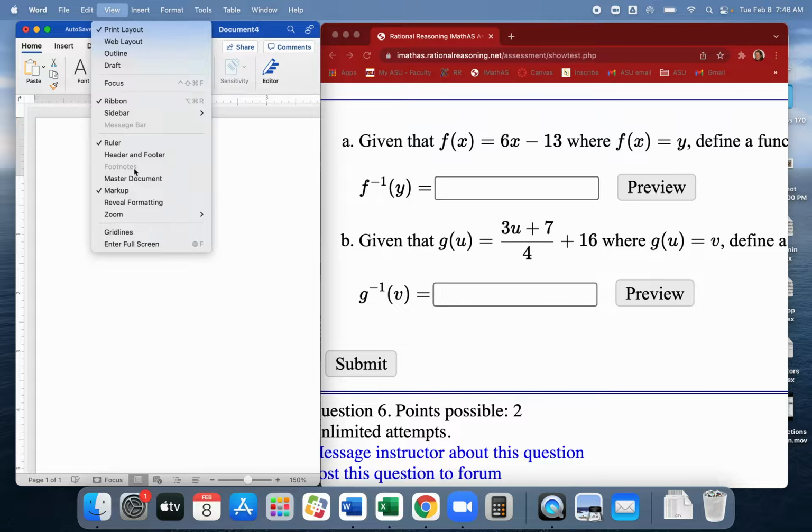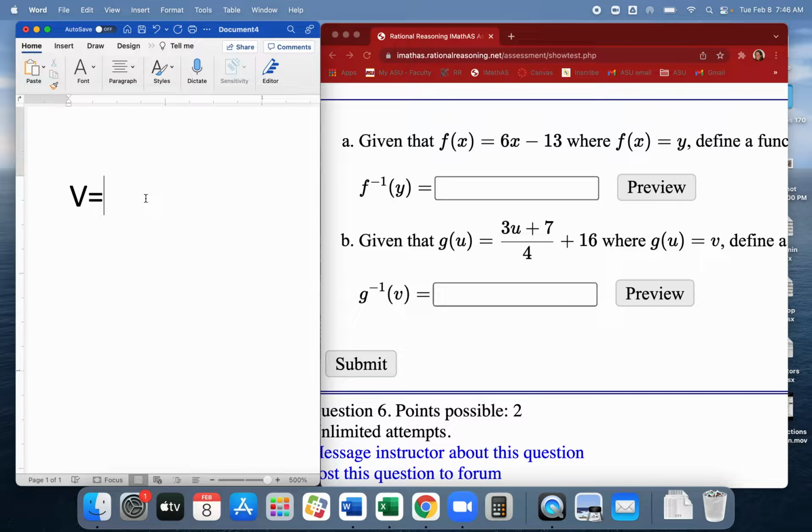I told you to make this larger. And that turned into a capital V. All right, so V equals this whole expression, 3u plus 7 over 4 plus 16.